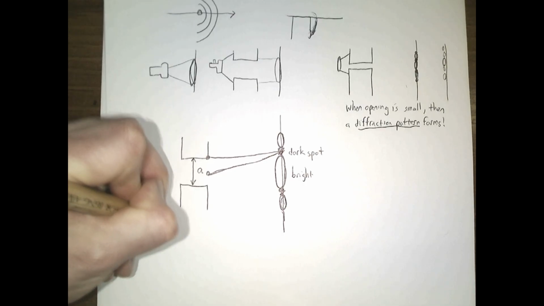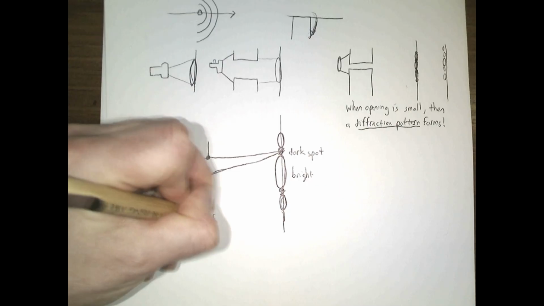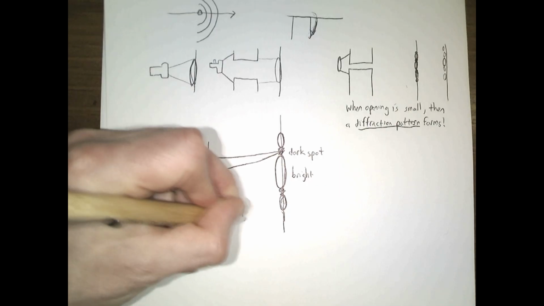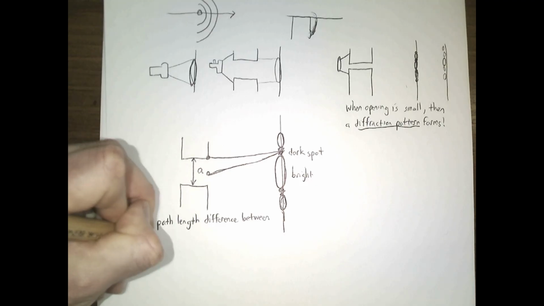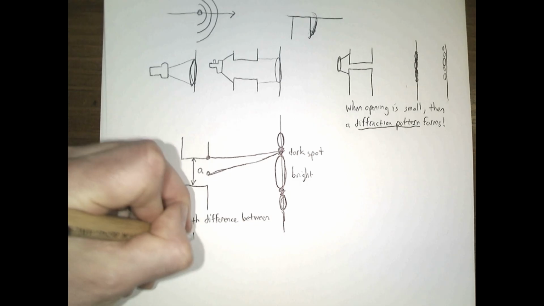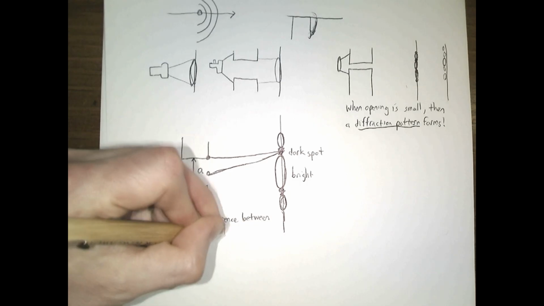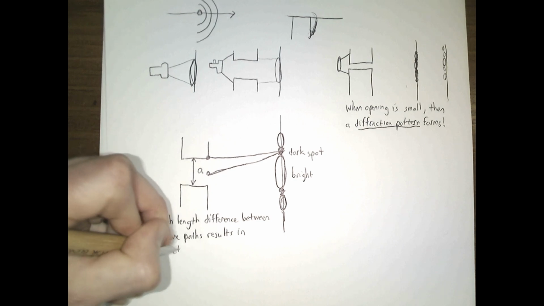So the path length difference between the above paths results in destructive interference.